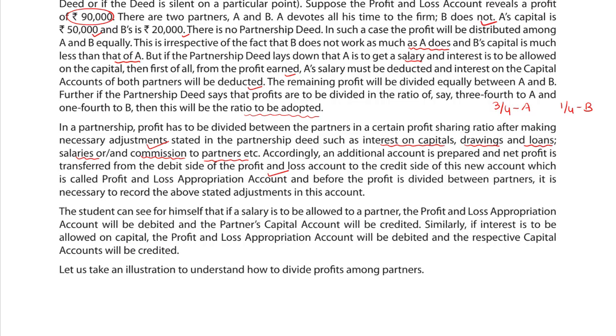Before the profit is divided between partners, it is necessary to record the stated adjustments in this account.